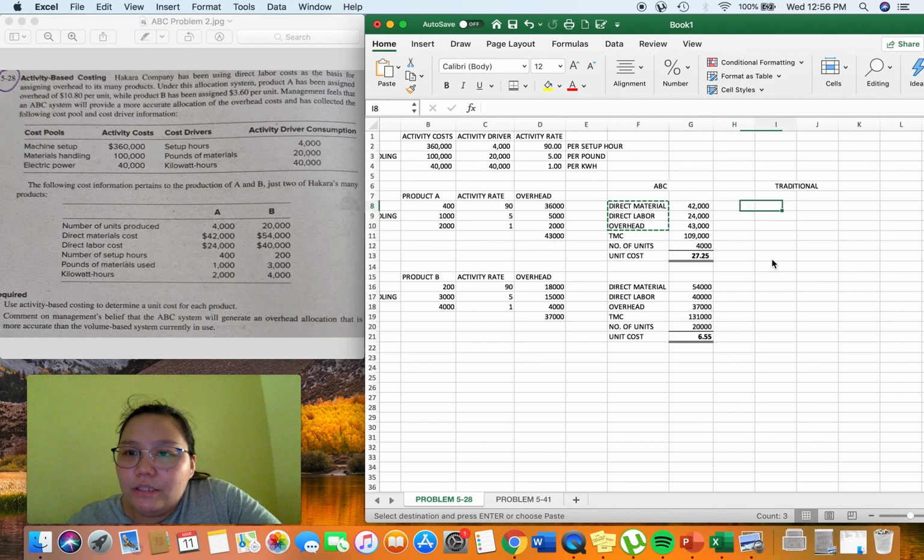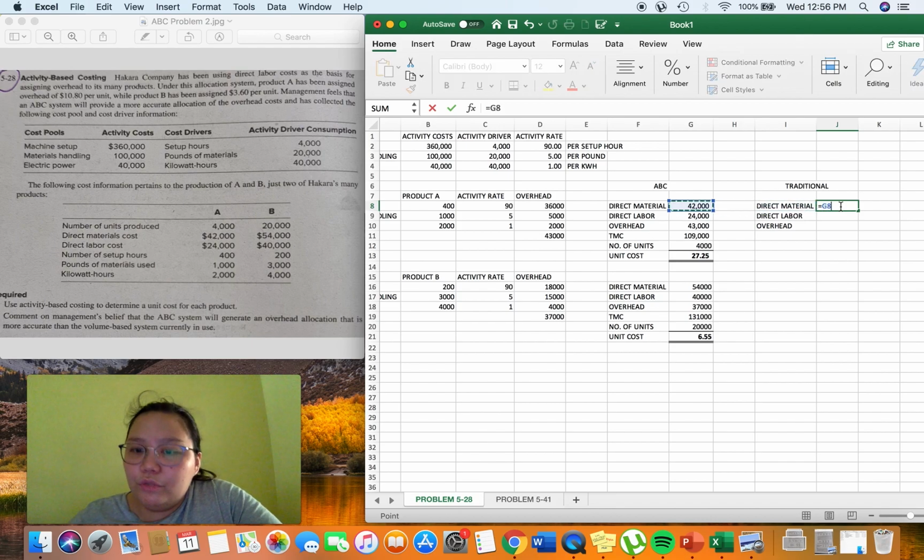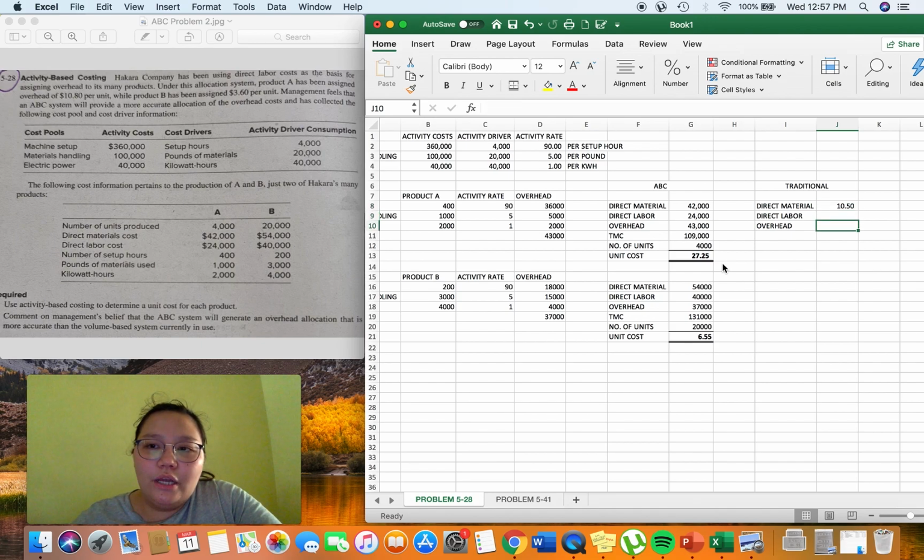So we have direct material, direct labor, and overhead. So for direct material, under traditional, syempre we have 42,000, the total cost divided by the number of units, right? So we have 10.5, okay? So again, what I'm doing here is that since we are given the per unit overhead cost assigned to each product, diba?